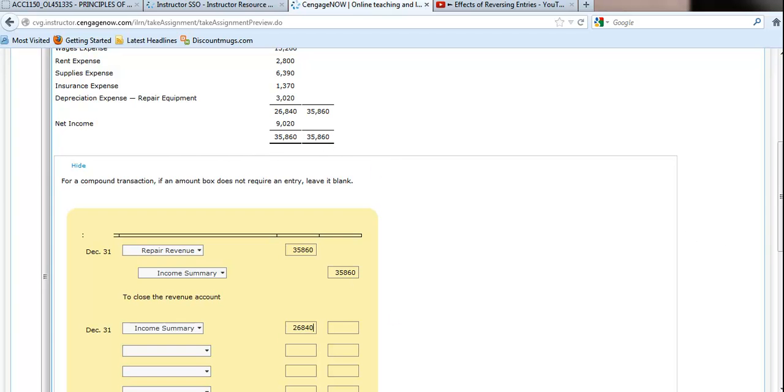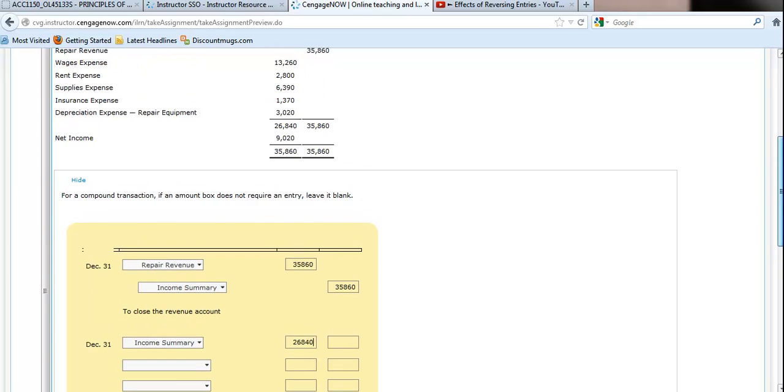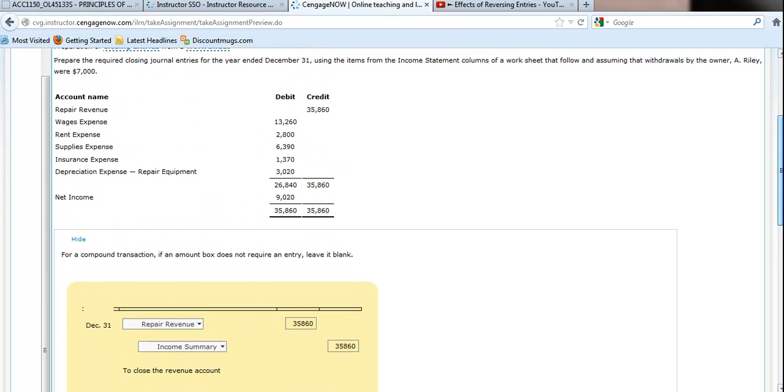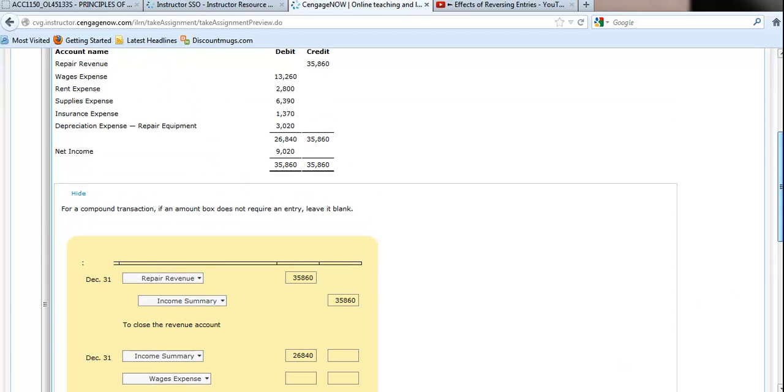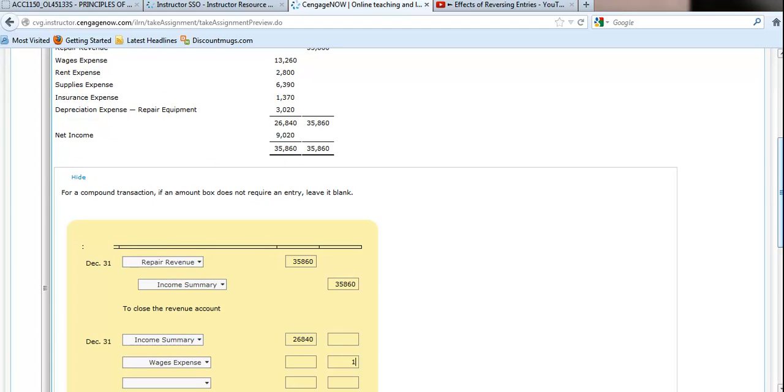Then I'm going to credit all of my expense accounts in the order they're listed up here: wages, rent, supplies. So I have my wages expense, which is $13,260.